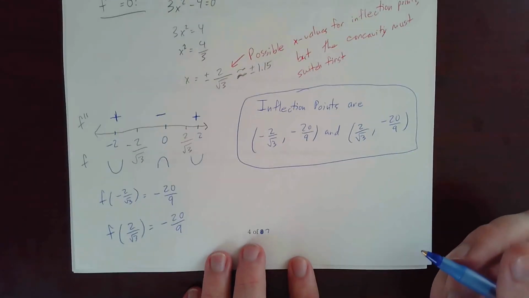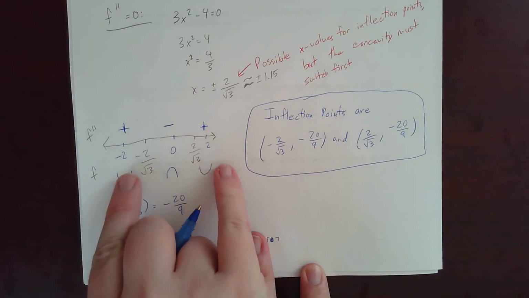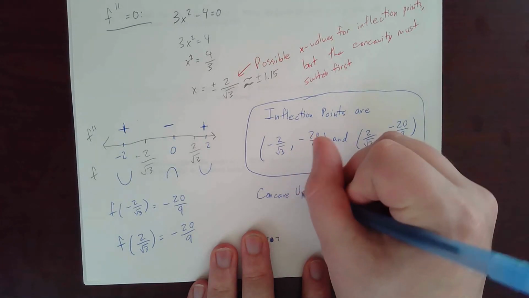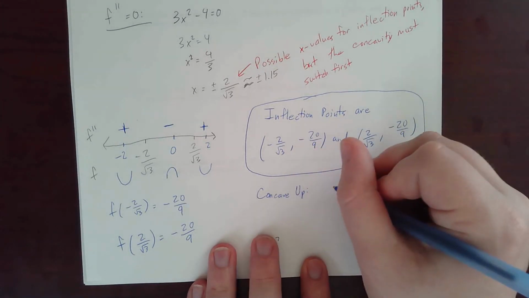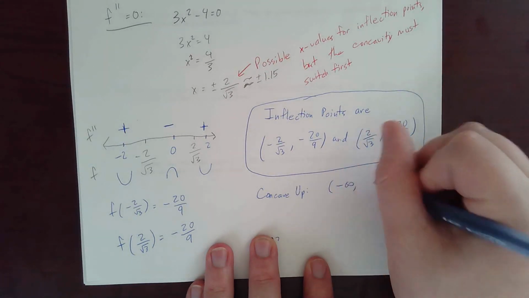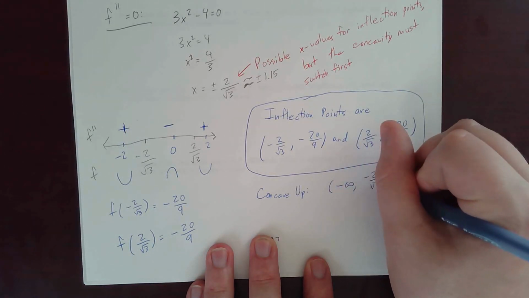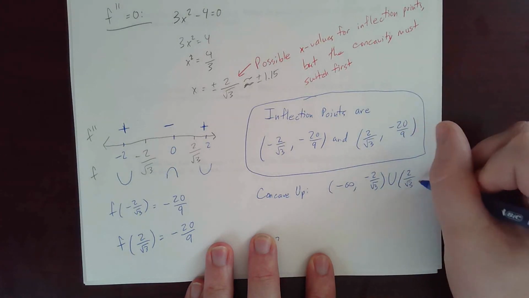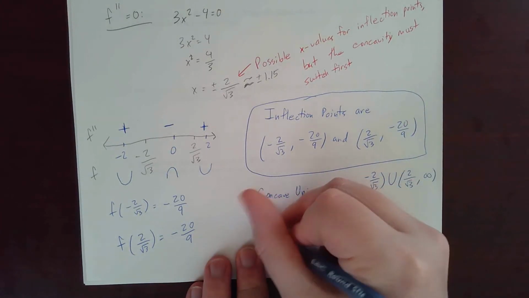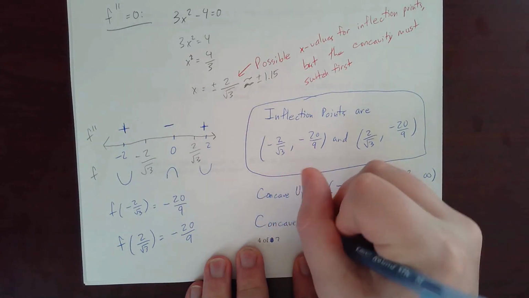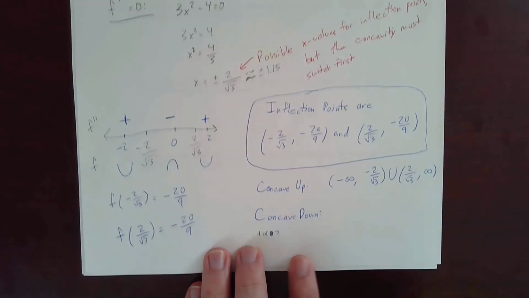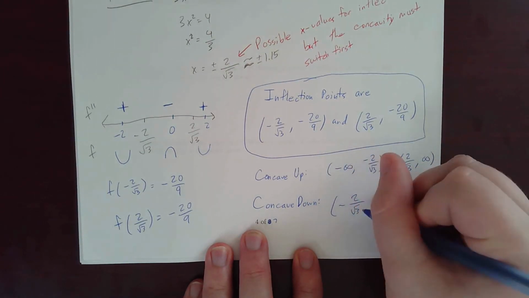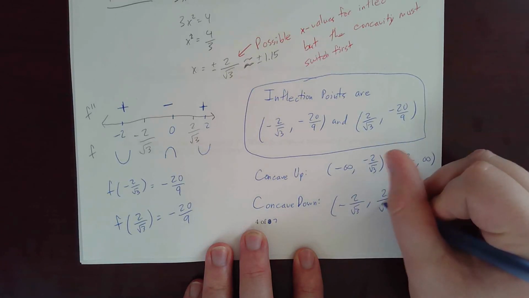If we're asked about our intervals of concavity, well, we are concave up on the interval -infinity to -2 over the square root of 3, and from 2 over the square root of 3 to infinity. And we are concave down on the interval -2 over the square root of 3, 2 over the square root of 3.